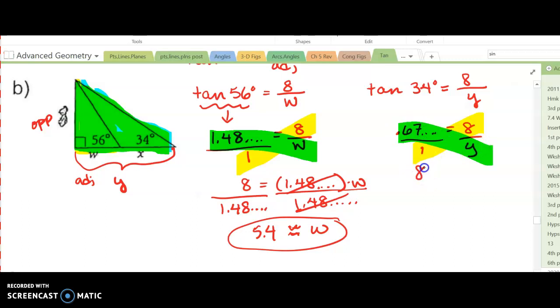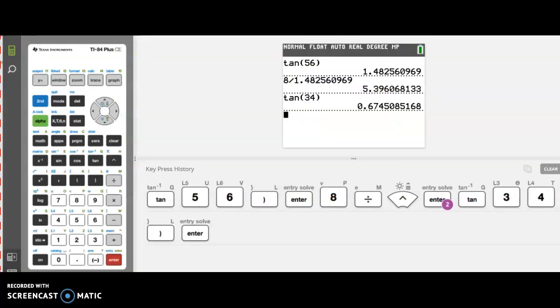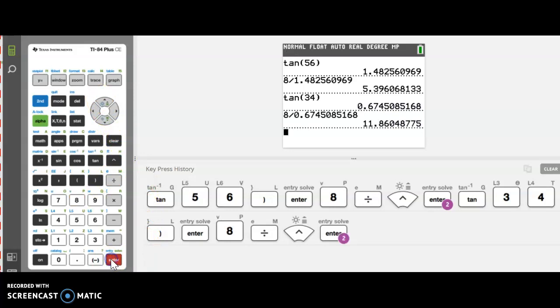So we get 8 equals 0.67 times Y, and then I have to do the opposite to get Y by itself, so I'm going to divide by that 0.67 number. And so Y equals 8 divided by 0.67. So again, I'm going to use that copy and paste technique. 8 divided by 0.67, and it comes out to be 11.86.